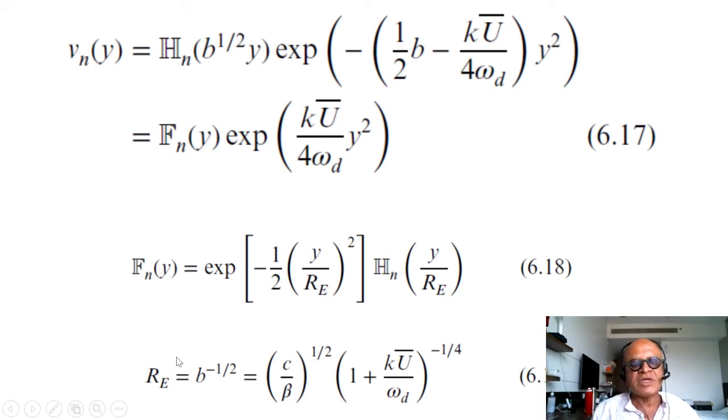The equatorial Rossby radius then has this expression b to the minus 1/2. B is of course c over beta, so we can write this expression. So c over beta to the 1/2 times 1 plus k u bar over omega D to the minus 1/4. So you can now see the entire relation between the basic state and the waves.